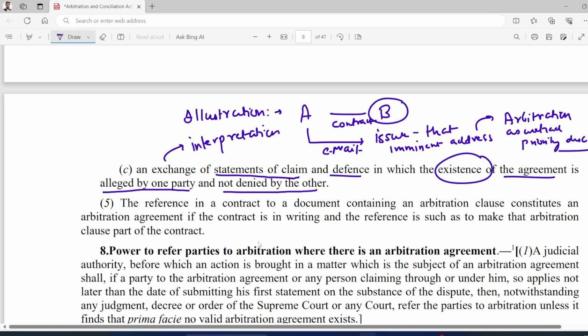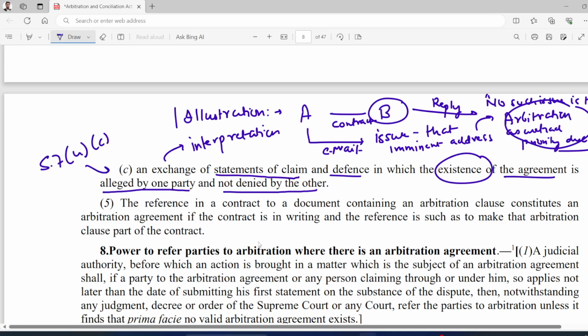And let's say B replies to this email by just saying that no such issue is there. So in this message, he has not denied that there was an agreement prior indicating that arbitration shall be the usual redressal method. Now, this is where Section 7, subsection 4, clause C will help us.